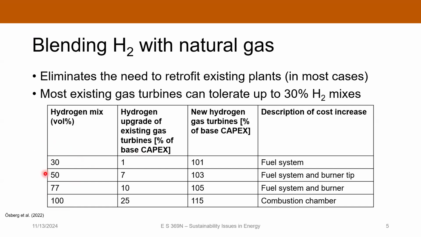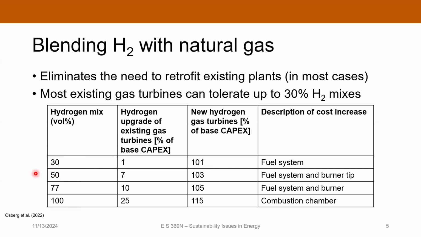If you go up to say a 50-50 mix, you have to spend an extra 7% of your capex in building the plant to upgrade gas turbines, or you can just buy new hydrogen turbines, which are much more expensive.